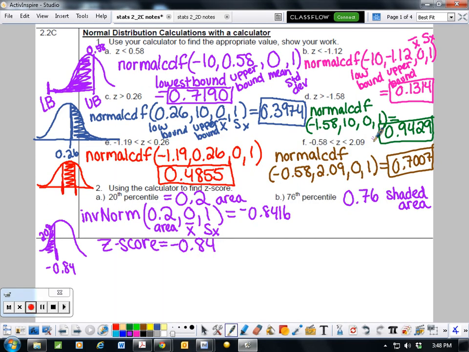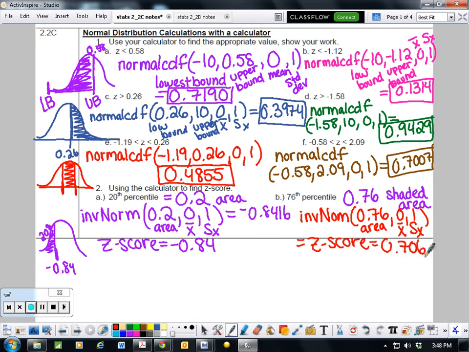So back over here, we're writing our calculator speak: inverse norm, area is 0.76, mean 0, standard deviation 1. And that gives me a z-score of 0.706. And so when you're drawing that curve, it would make sense. Yeah, it's about 76%.